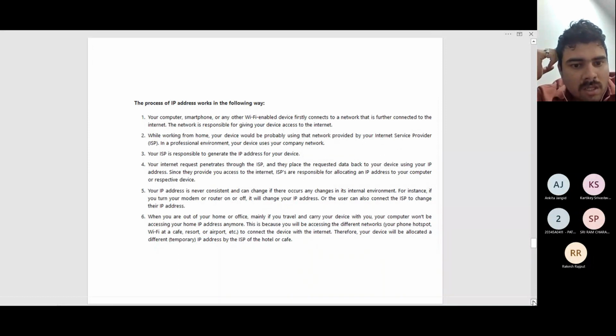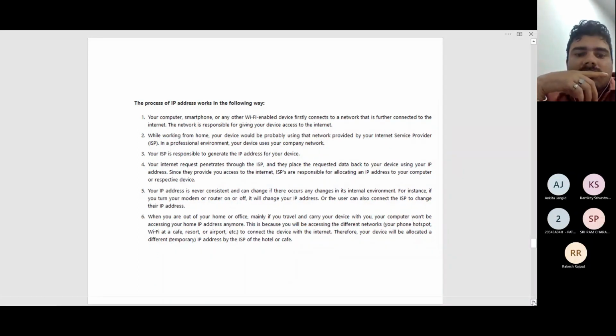Then your internet request goes through the ISP and they send the requested data back to your device using your IP address. Since they provide you access to the internet, ISPs are responsible for allocating an IP address to your computer or respective device.